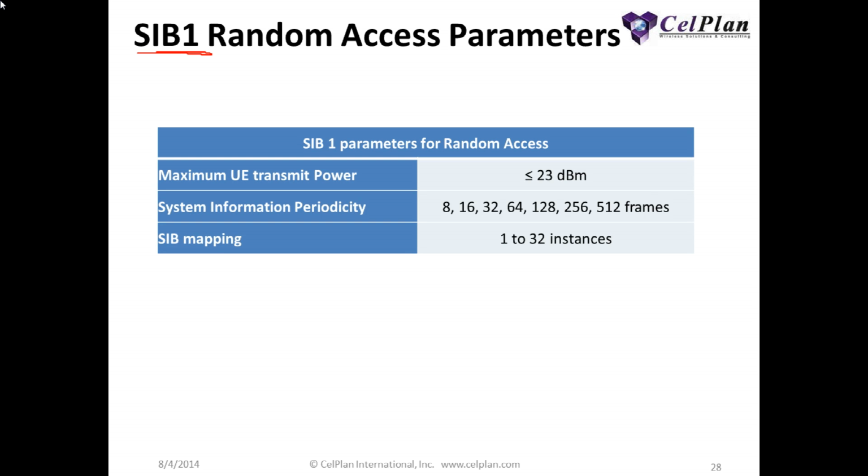SIB1 has many parameters, but for random access, basically what needs to be done is the mapping of the other SIBs. By reading SIB1, the UE will know where to find SIB2. There are no real parameters there besides telling where to find SIB2.